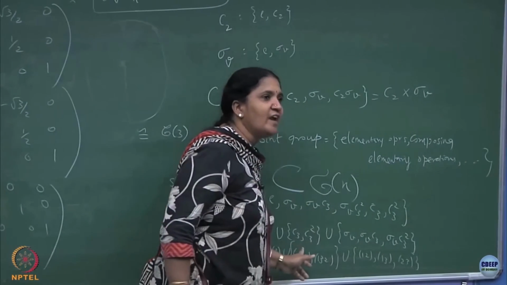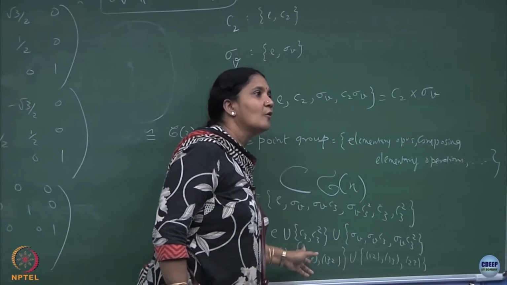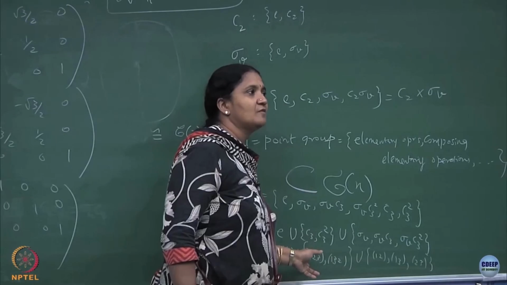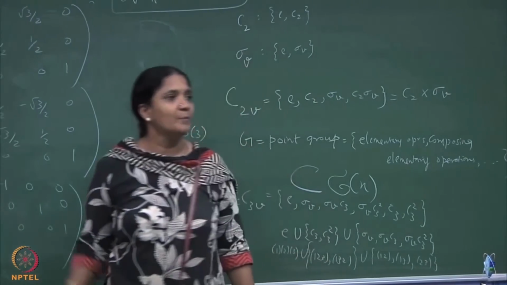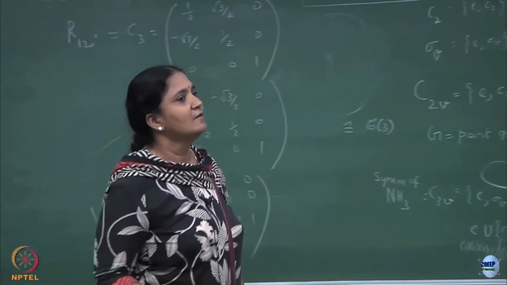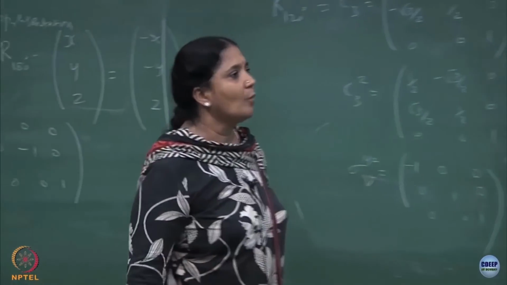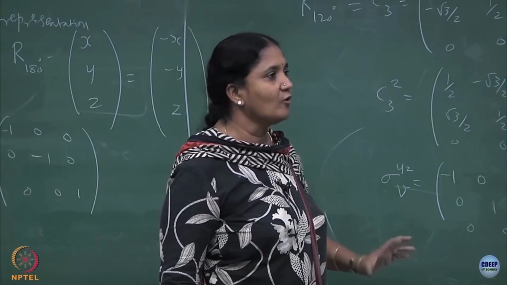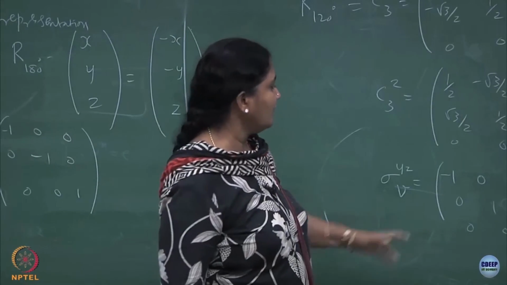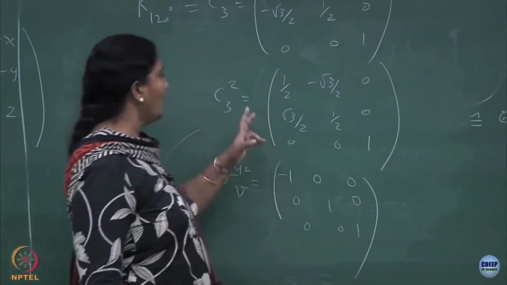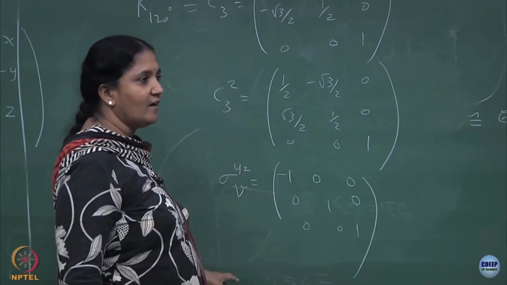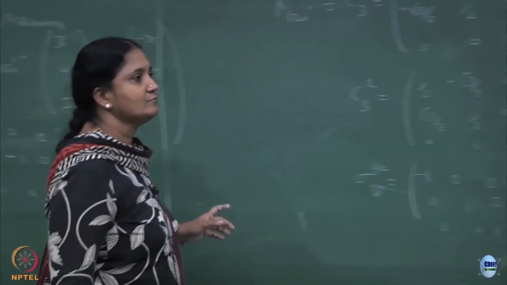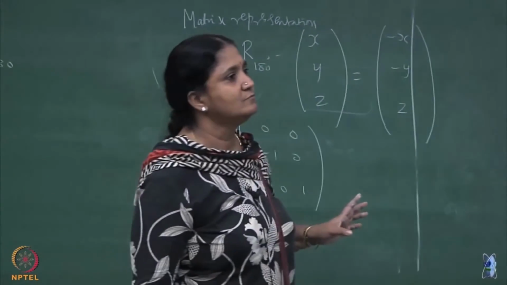These two are conjugate elements. Conjugate elements will share the same trace. So, the representations which you write will also have that property, that the trace within a conjugacy class cannot change. Okay. So, if you multiply this with sigma v and write it, that trace should also not change. Okay.